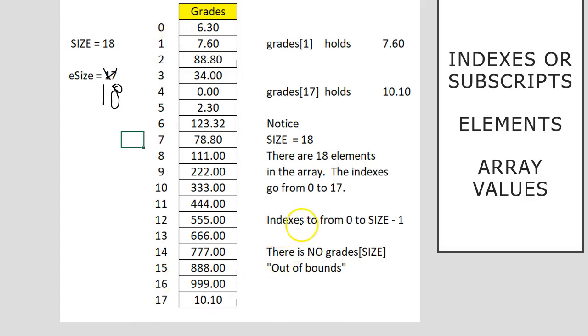So the indexes move from 0 to size minus 1. There is no grades sub size or 18, because that's out of bounds. You're outside the scope of your array, and that would be bad.